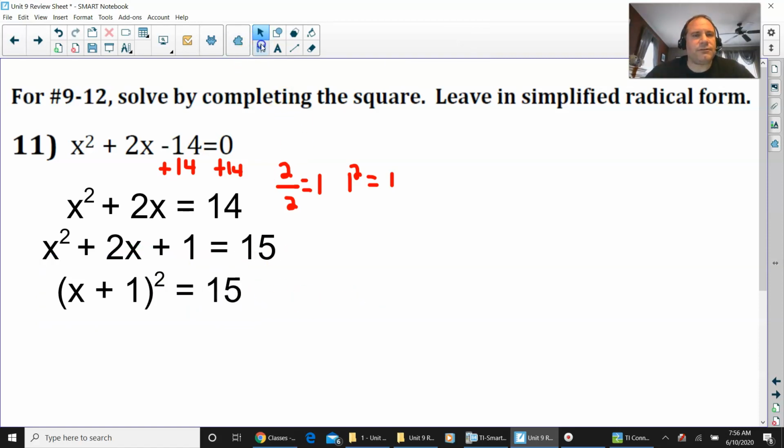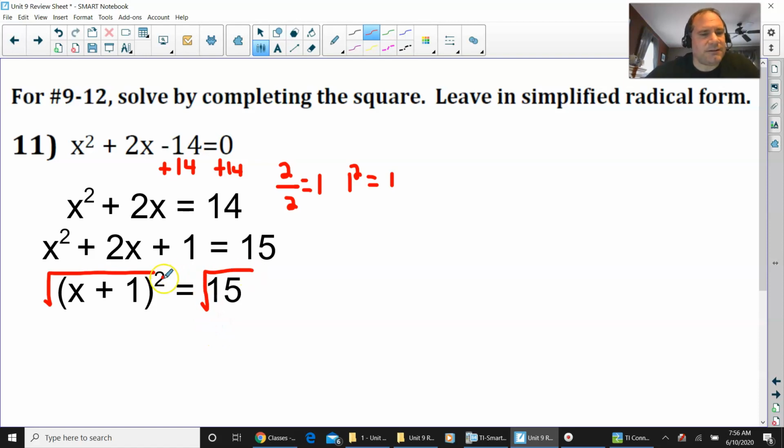So you're going to use the inverse operations. Hopefully you did this already when you pressed pause, and we are going to do this like the directions say. So we have x plus 1 equals plus or minus the square root of 15. All right, we are not finished. We have to solve for x.